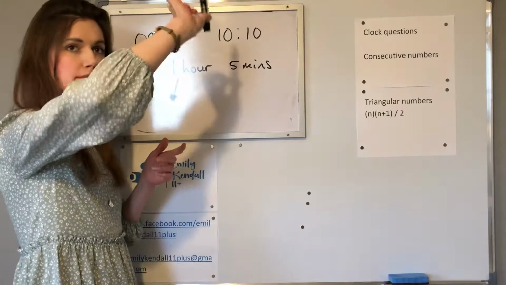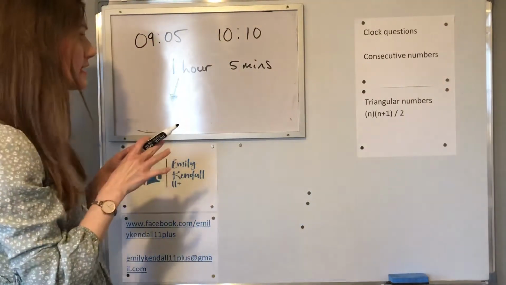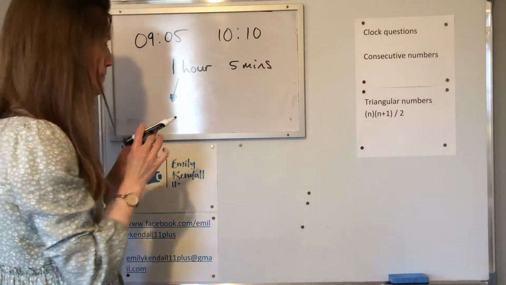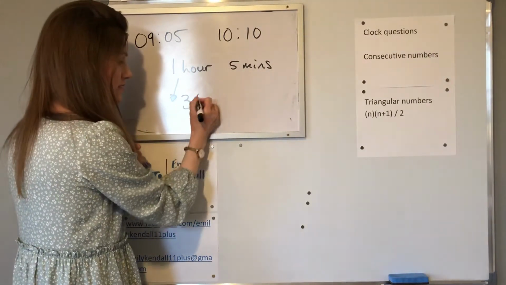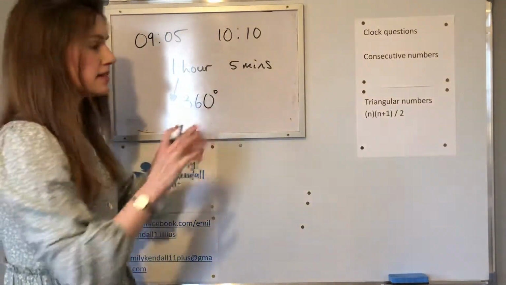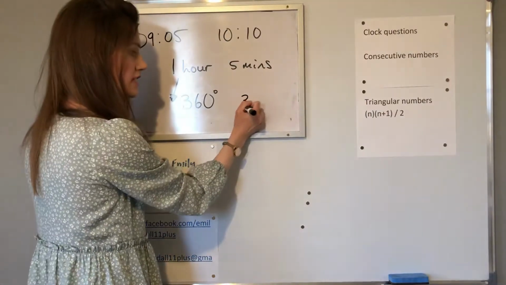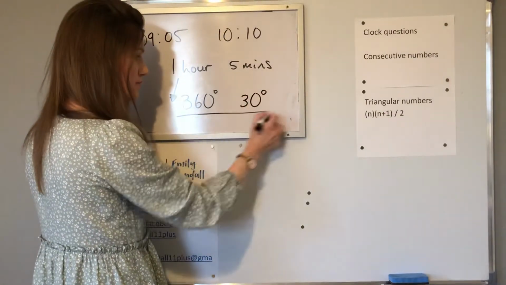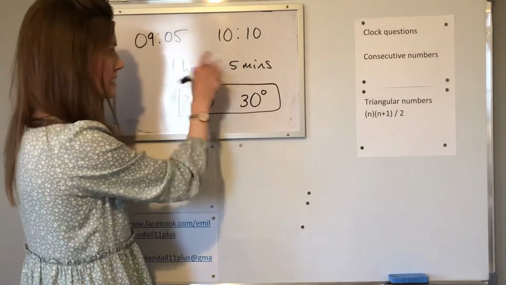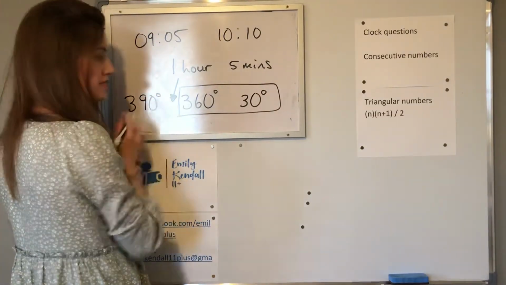So in an hour, the minute hand is going to go all the way round. So think how many degrees that would be. Okay, so that's going to be 360 degrees. Then, another 5 minutes, it's going to travel an extra 30 degrees. So altogether, in 1 hour and 5 minutes, it's going to travel 390 degrees.